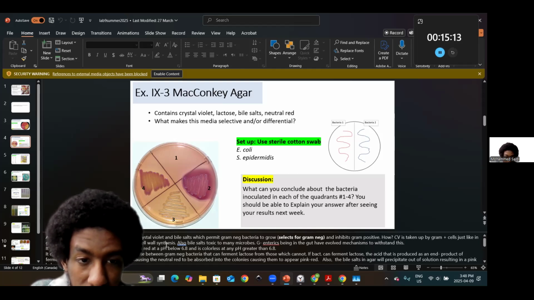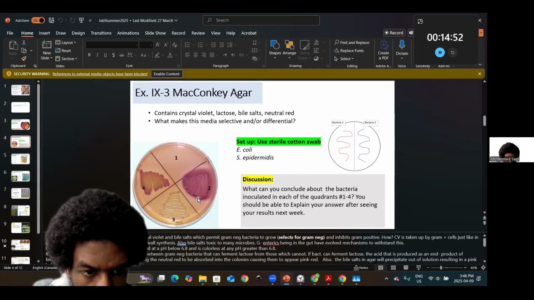But it prevents the further division of the cell wall, right? And bile salts are also generally more toxic for many microbes. So bear these details in mind. They'll be highlighted also in the manual, but essentially coupled with bile salts and crystal violet together. Sorry, let me just confirm.